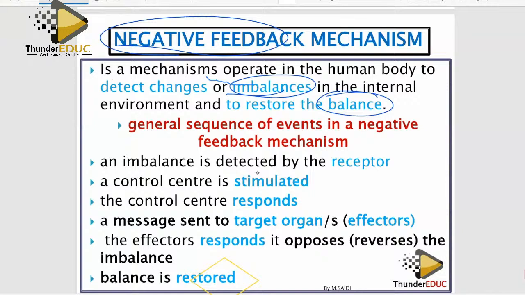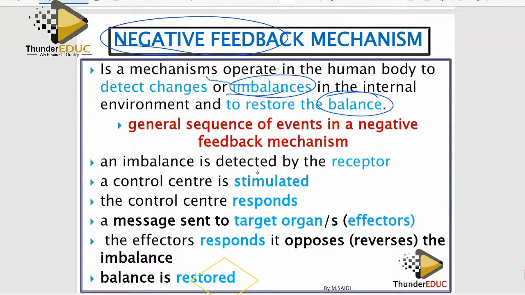When you restore whatever you have restored, we want to say that you have kept the internal environment, whatever you are keeping, constant. So in this topic, we shall say that you have achieved what is called homeostasis.